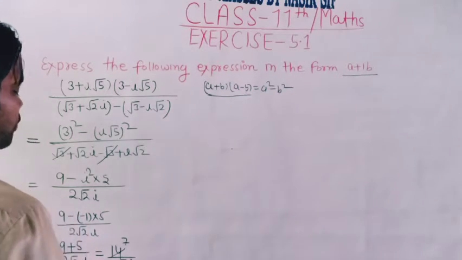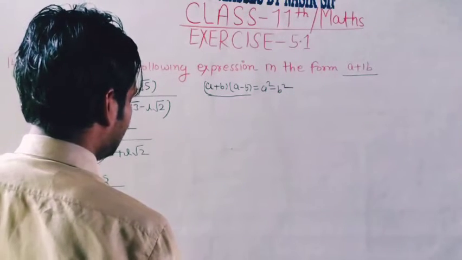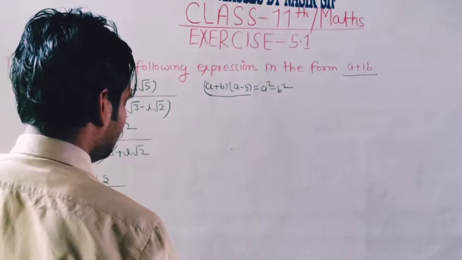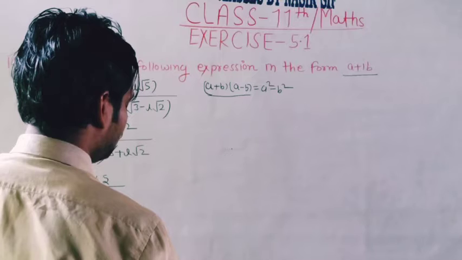Okay, so finally this is represented as minus 7i upon square root 2.